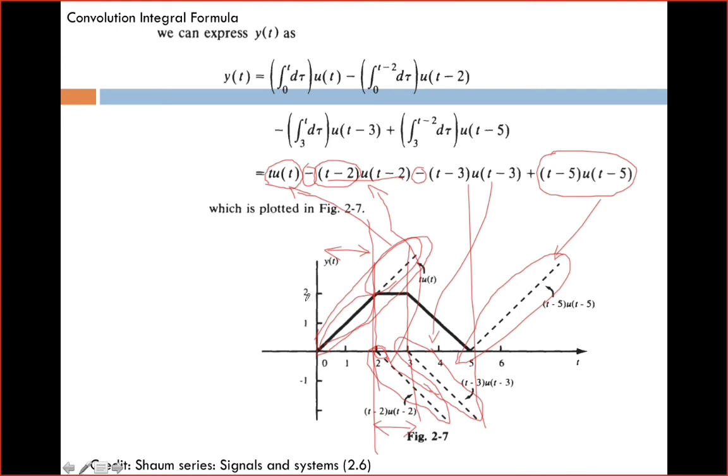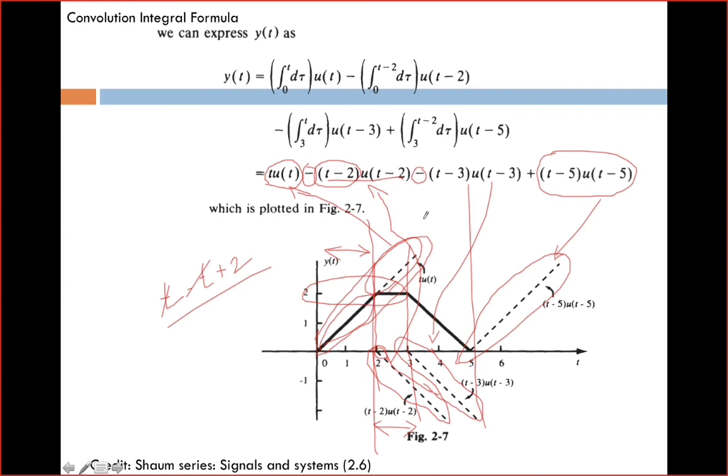That is simply t minus t plus 2, so the t terms cancel and you will get only 2. That's why a horizontal line is represented.